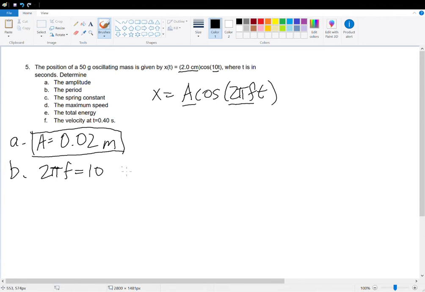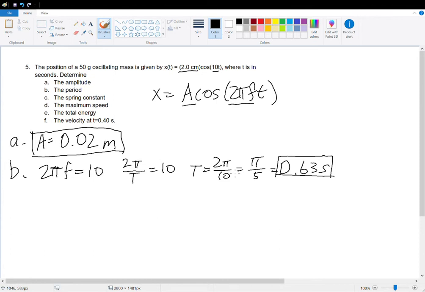And then if we do some finagling around, we know that f is equal to 1 over T, excuse me. So we have this expression, and then we have T is equal to 2 pi over 10, or pi over 5. And then if we account for our sig figs that are given to us, they look like there's around 2, so we're going to write 0.63 seconds.